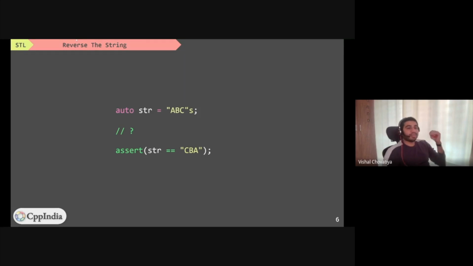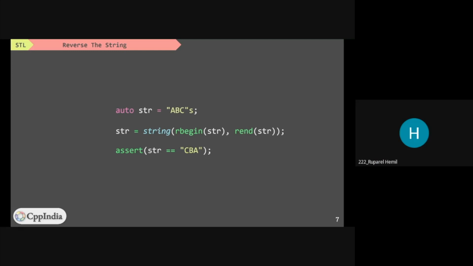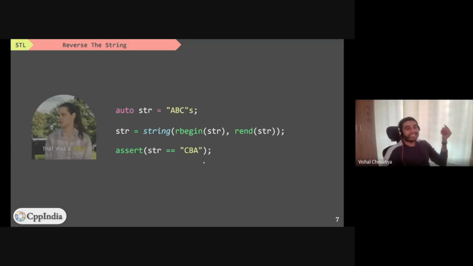Okay, most of the people replied reverse. Another answer was to create a new string with reverse iterators and compare it with the original using an assert. By the way, this is not the way you should go about it.